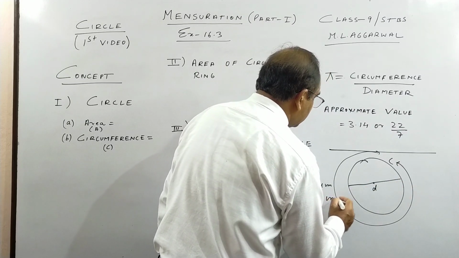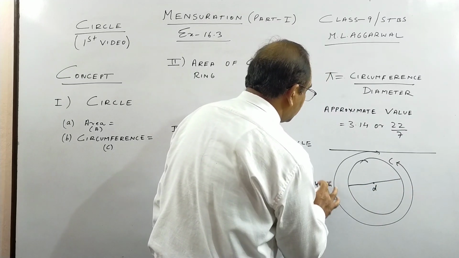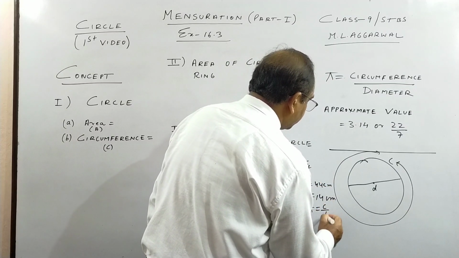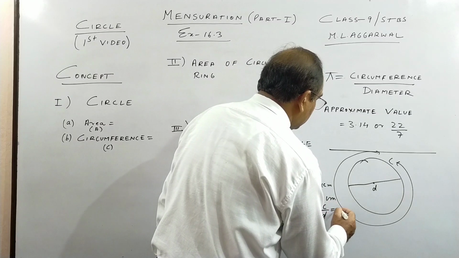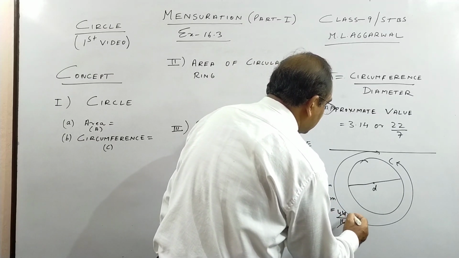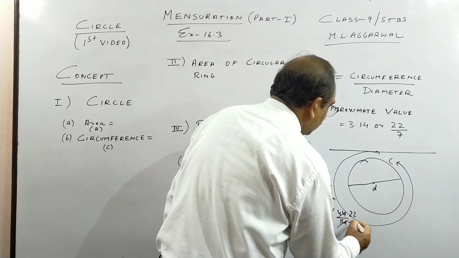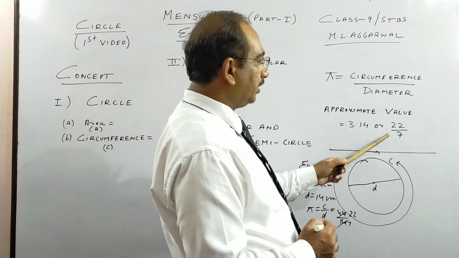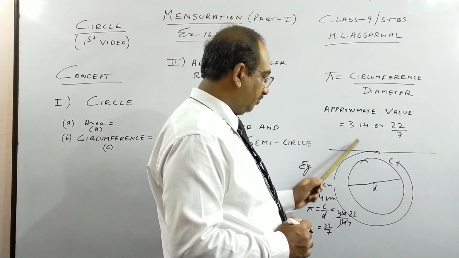You will see it is 14 centimeter. So if you see this ratio C by D, circumference we write C, it is 44 by 14. If you cancel by 2, you get 22 by 7. So roughly it is 22 by 7 or 3.14.